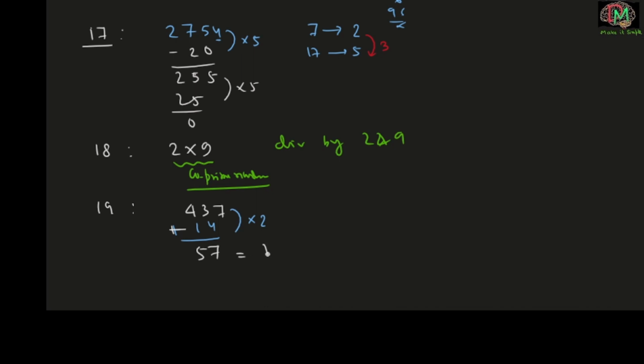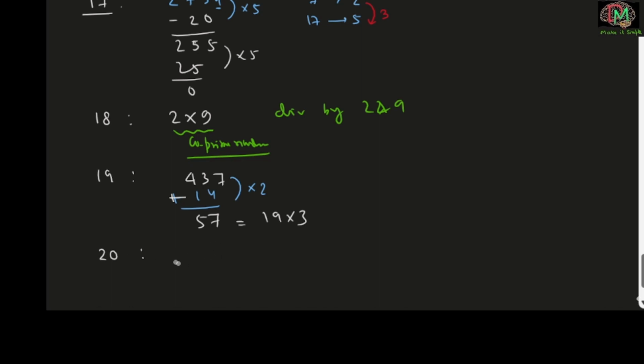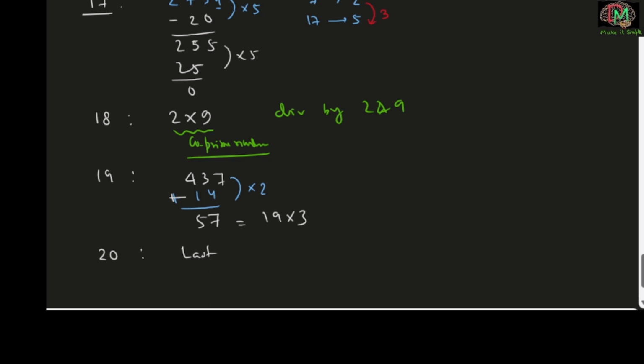We know that 57 is 19 into 3, so it is divisible by 19. Next, 20: the last two digits should be divisible by 20, or be 0 0.